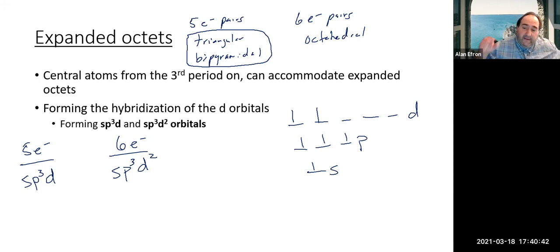Even though there's a double or triple bond, they're effectively moving as one unit, as one effective bonding electron pair. So that's really important. And again, we do that just for geometry purposes.